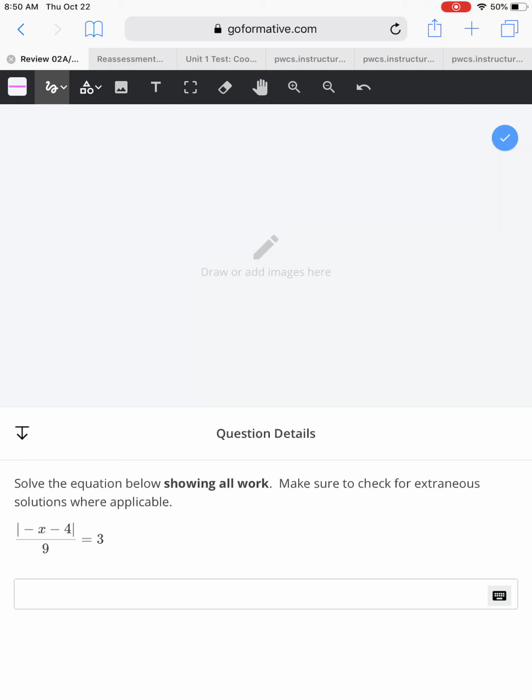Okay, next one, so the absolute value of negative x minus 4, divided by 9, is equal to 3. I don't have any addition or subtraction to undo, so I multiply. I get rid of my 9 here by multiplying each side by 9. So this is the absolute value of negative x minus 4 is equal to 27. I stop here and I say to myself, is it equal to a positive?